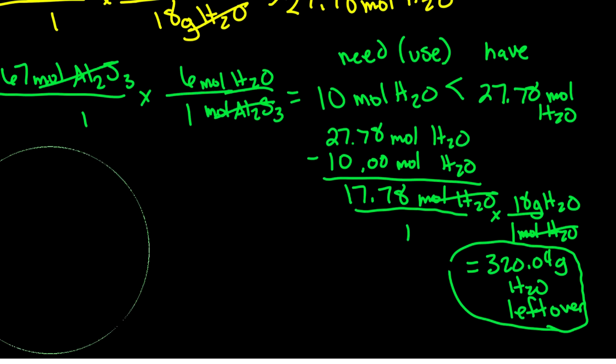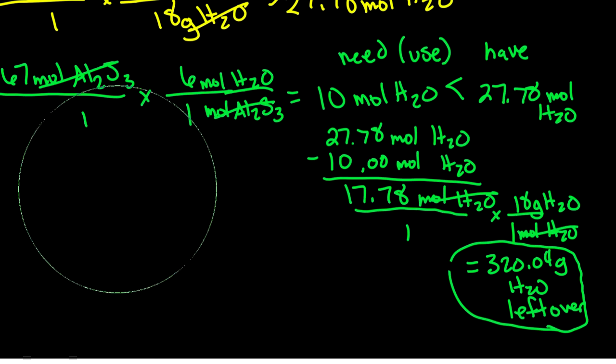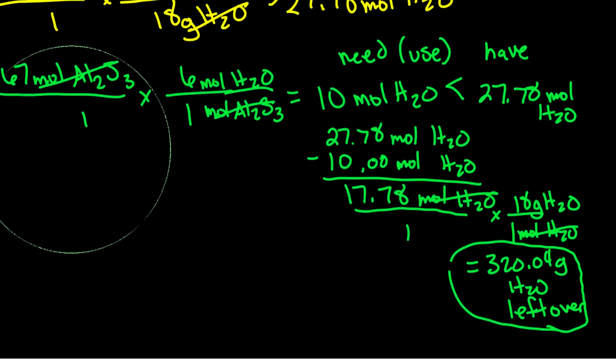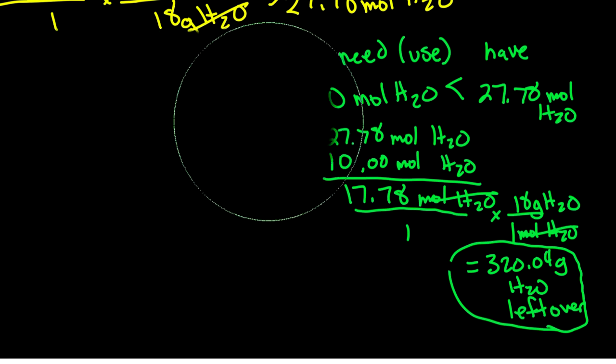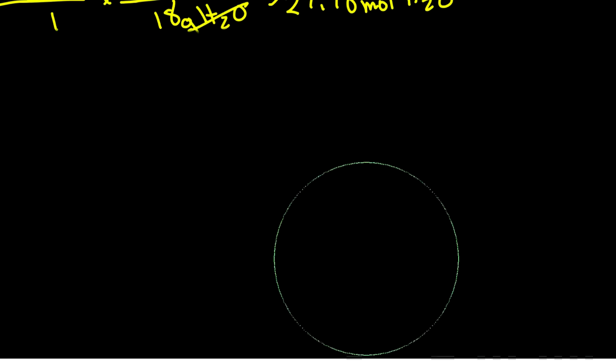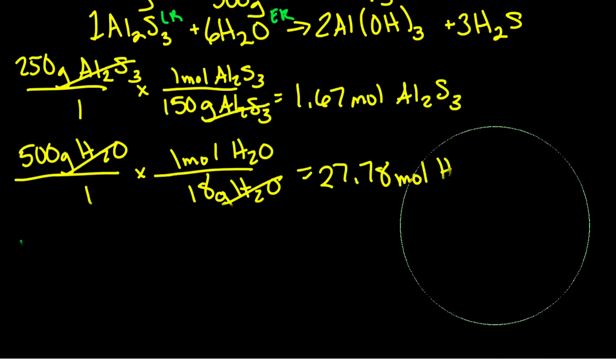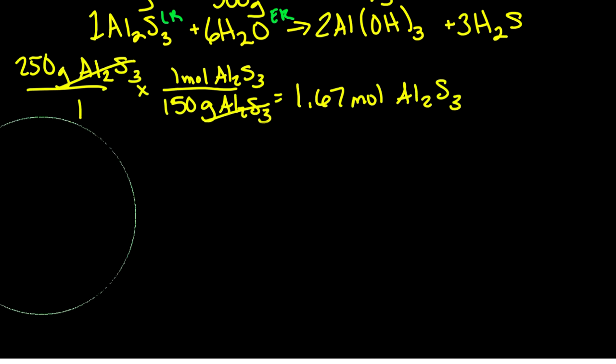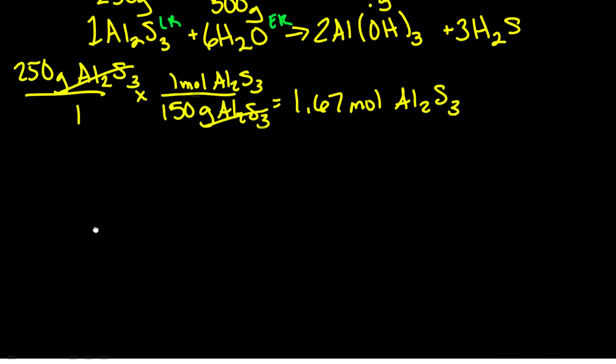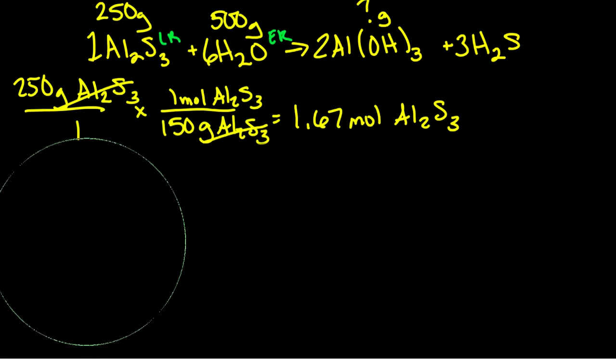Alright, now we got that answer. I'm going to clear some of this off so I can have room to work. So erase this out. Alright, now we're just doing regular old stoichiometry. So if I got 1.67 moles of aluminum sulfide, how much aluminum hydroxide can I produce?